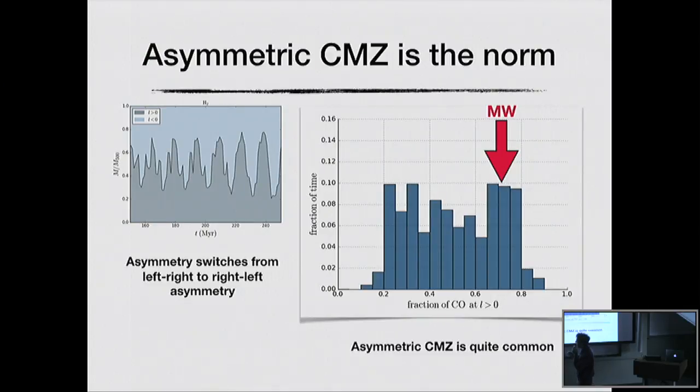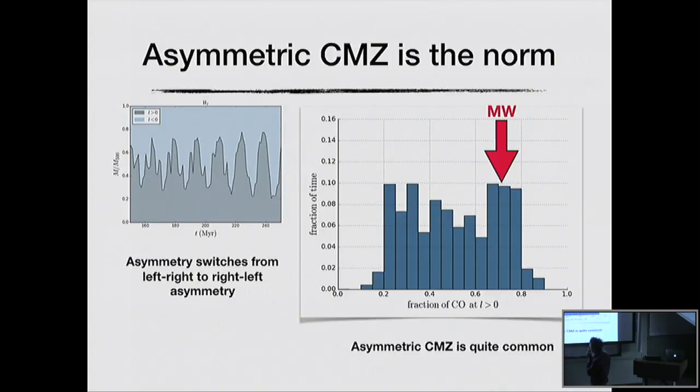If we look at the time evolution of the asymmetry, here I show the degree of asymmetry as a function of time in our simulation. We see that it switches back and forth from a right-left asymmetry at one time to a left-right asymmetry at another time.